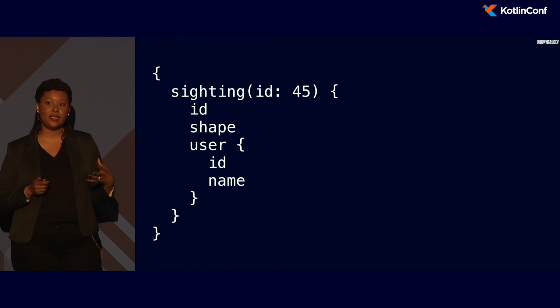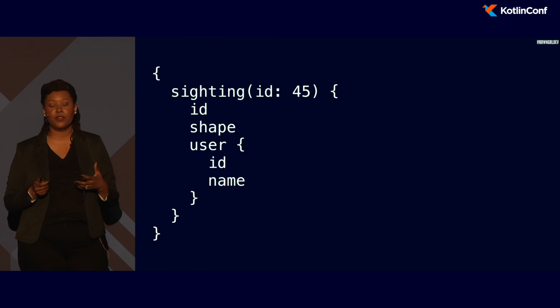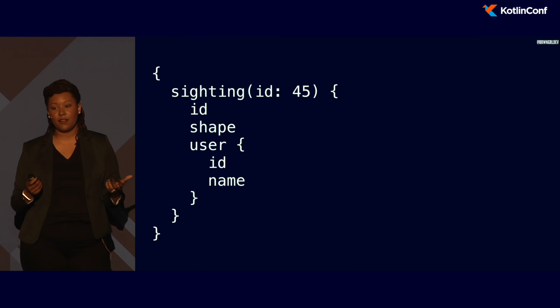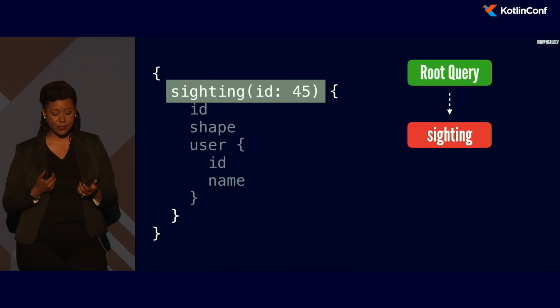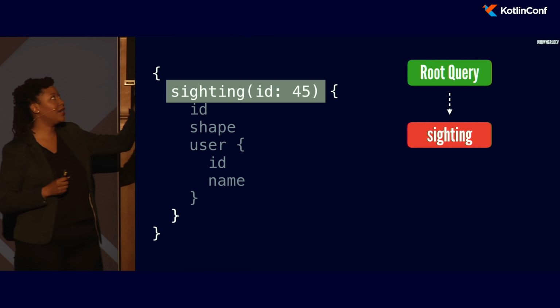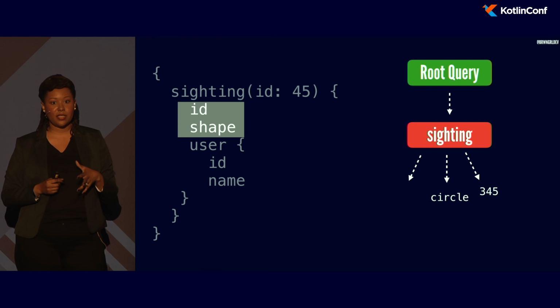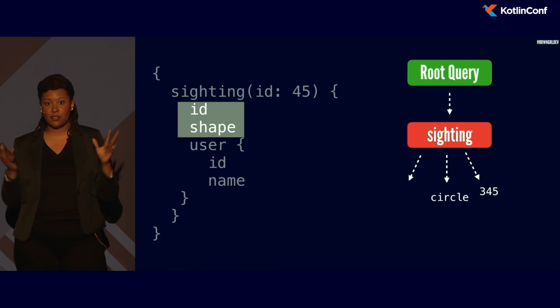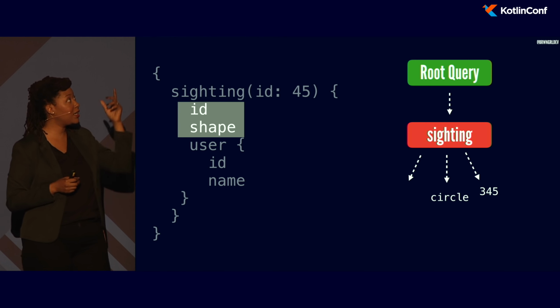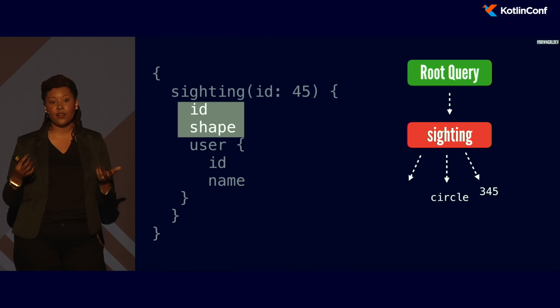Okay, so if we look at an example, how does the server know where to get data from and how to process it? It starts out with the root query, and it'll say, oh, okay, I do have something called sighting that takes an ID. And then it goes and looks at what it is that you want from this UFO sighting record. Okay, you want an ID and you want a shape. I know how to give you those things.